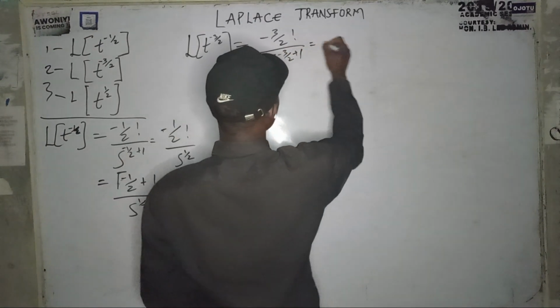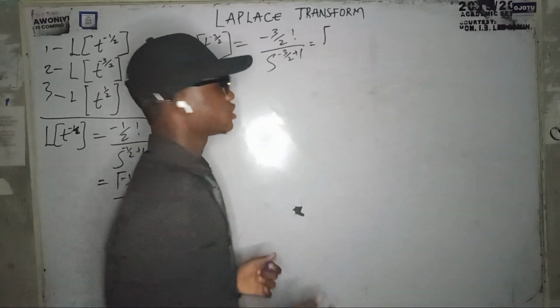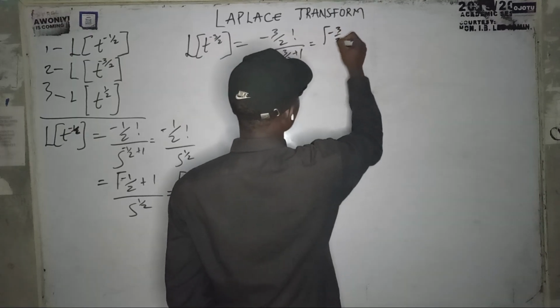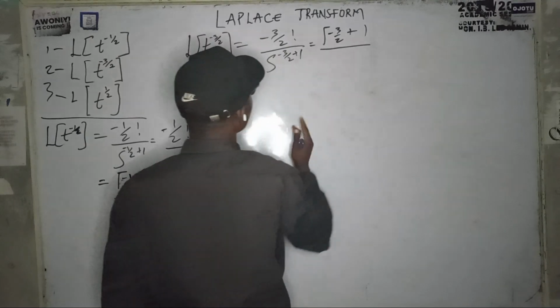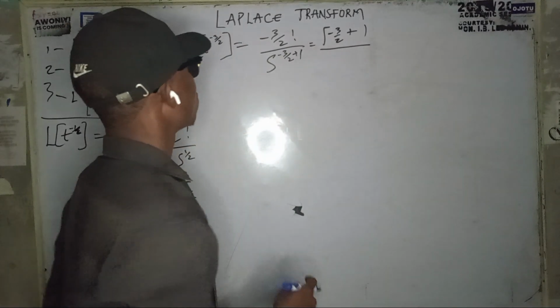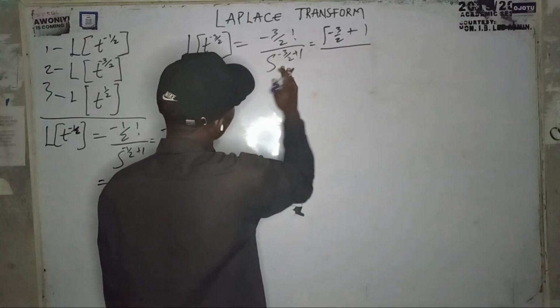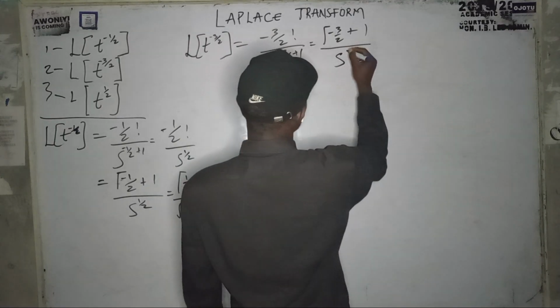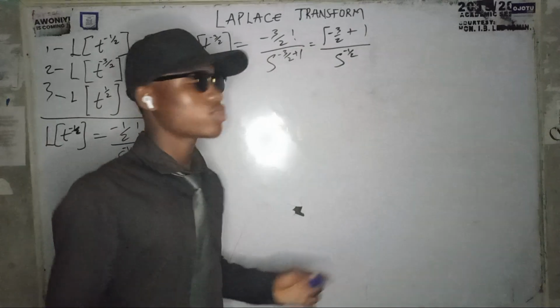Simplifying this, since we already know about the gamma function, I'm just going to go straight into it. We have minus 3 over 2 plus 1, then over, when I finish this, I'm going to have s raised to power minus 1 over 2.